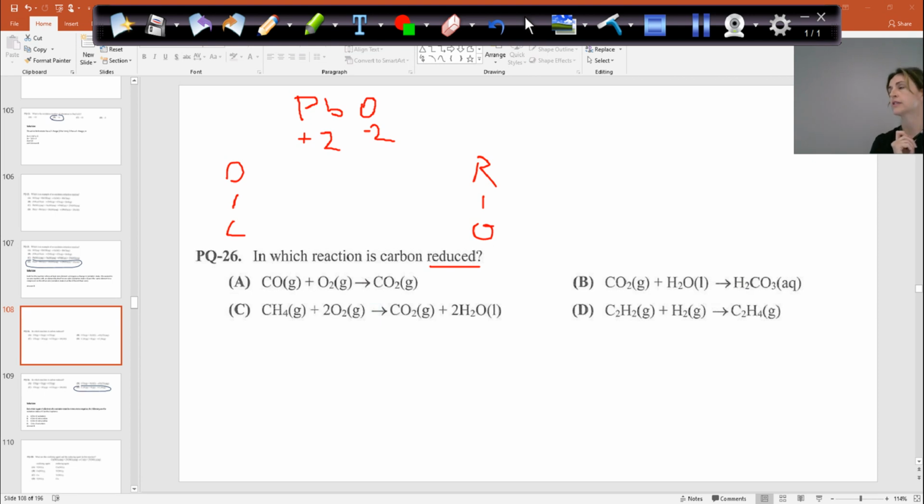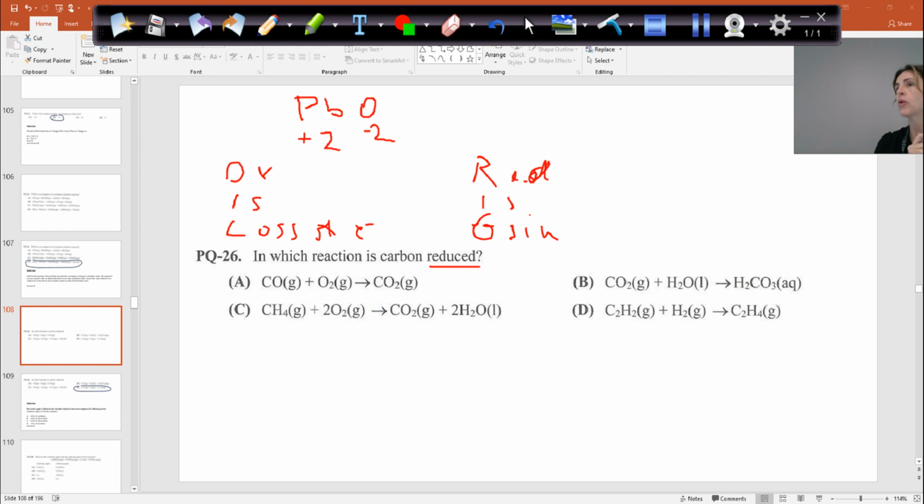Oxidation is loss of electrons. Reduction is gain of electrons. So oxidation is loss of electrons, and reduction is gain of electrons.